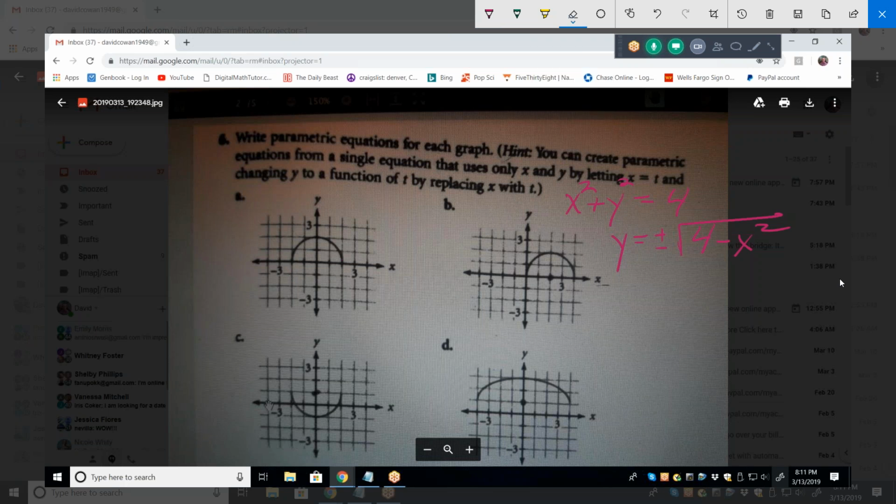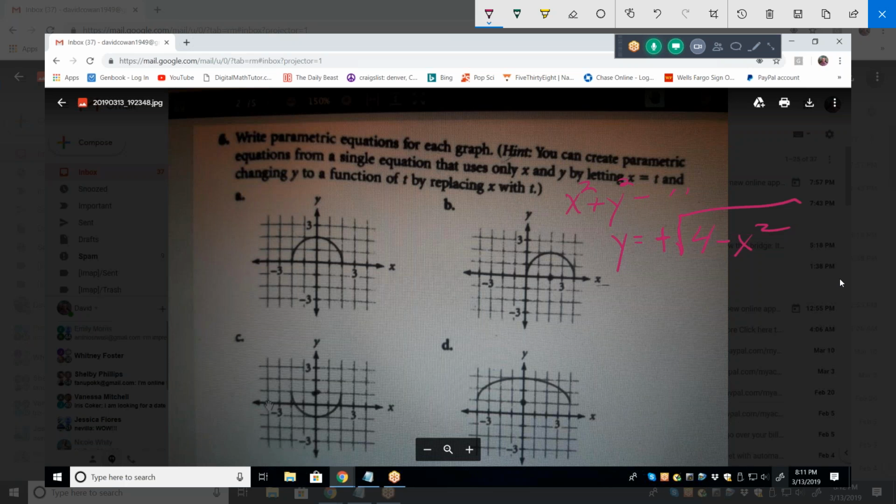So first of all, that's the xy. That's not parametric equations yet. However, I think that will lead us to there. You can create parametric equations from a single equation. Here's our single equation. And for doing number A, we're not looking at the negative, we're only looking at the positive.